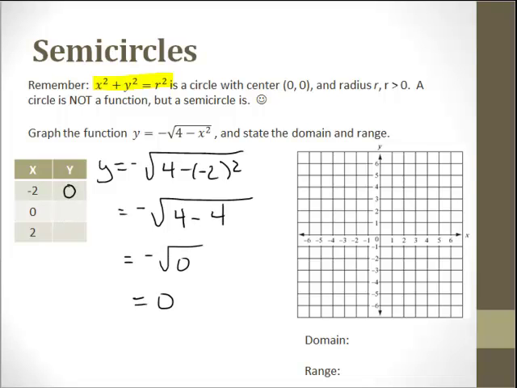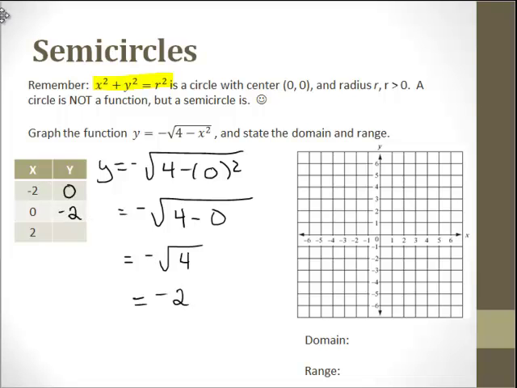Okay, so what if we go back and put a 0 in the place of those x's? So we put a 0 here. 0 squared is 0. 4 minus 0 is 4. So the negative square root of 4 will be negative 2.